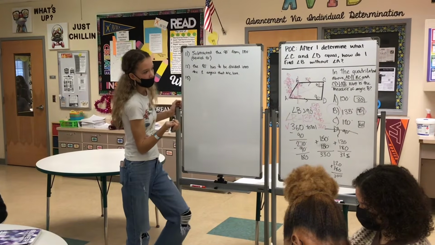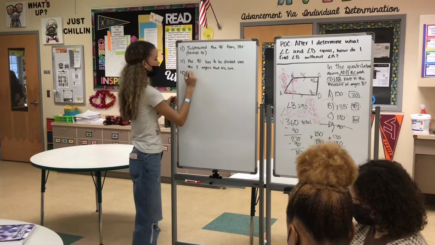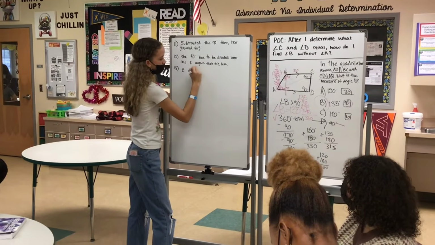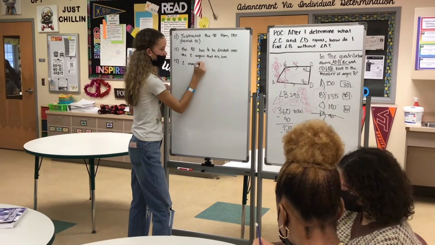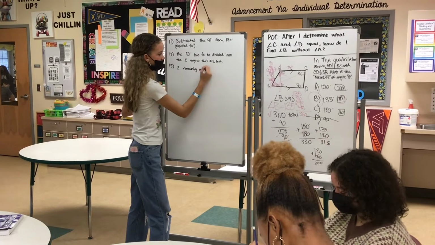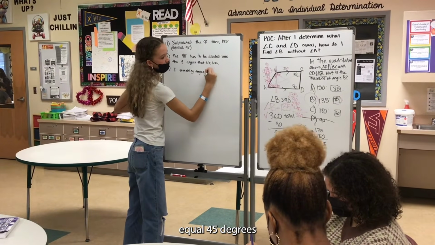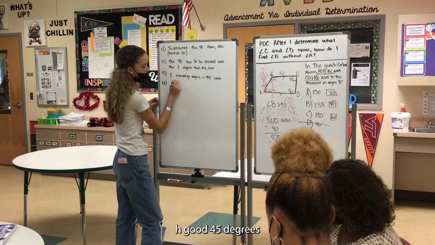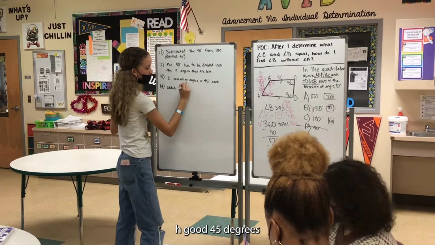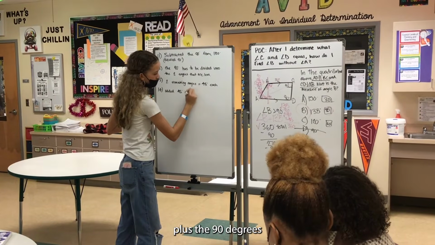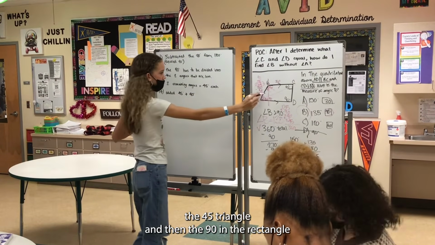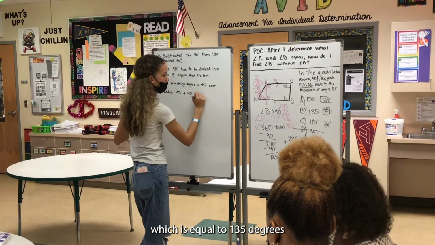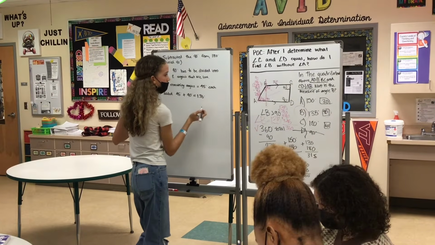And the two remaining angles equal 45 degrees each. And 45 degrees plus the 90 degrees, the 45 in the triangle and the 90 in the rectangle, was equal to 135 degrees.